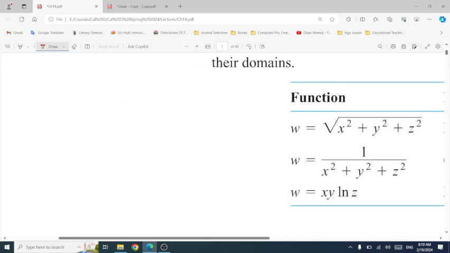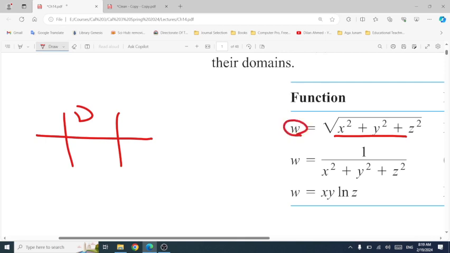How about that one? It's 3 variables, right? The same strategy. We are going to use the same here, but here domain is the relation between x, y, and z, because I have 3 variables. Independent are what? X, Y, Z. A dependent is what? W. So here W will be the single value. Understood? Here's the relation, here's the single value.